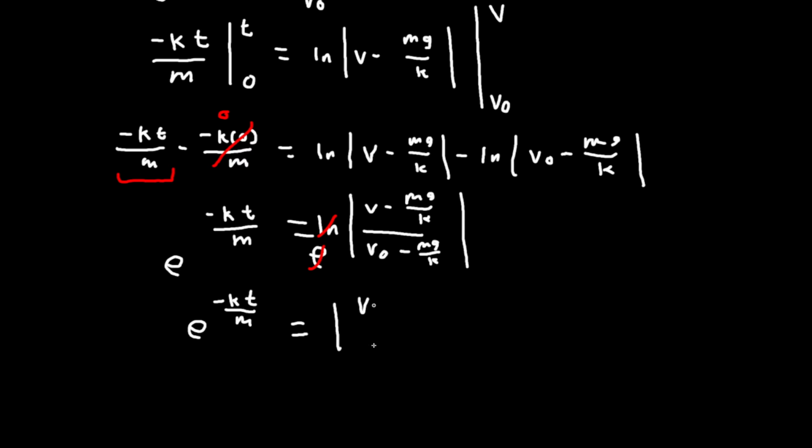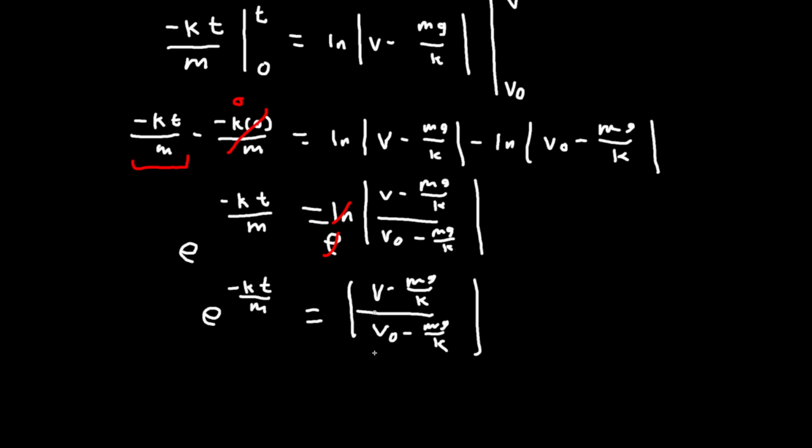So we just have v minus mg over k, over v naught minus mg over k. There are these pesky absolute value bars that are kind of stopping us from ultimately solving for this velocity right here. But that is actually no issue.